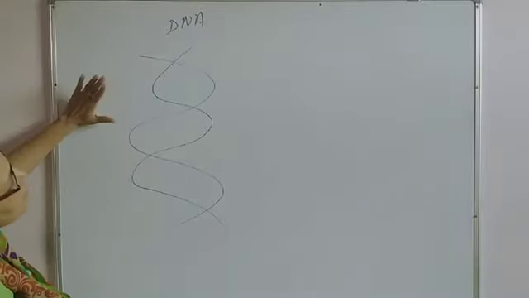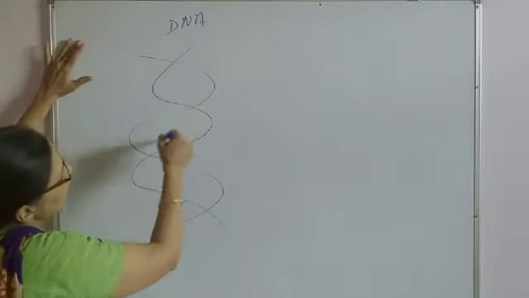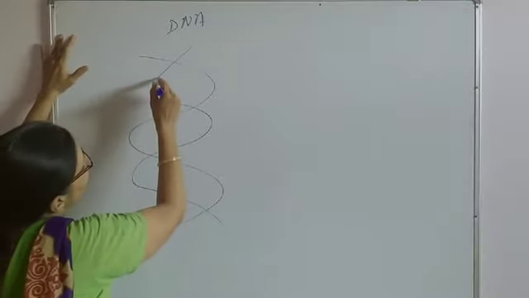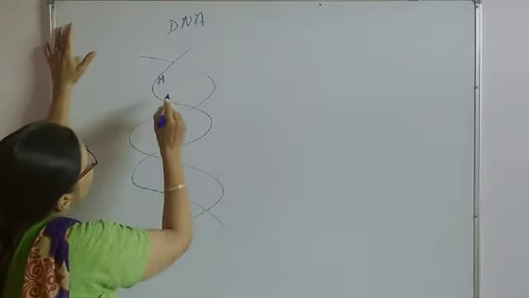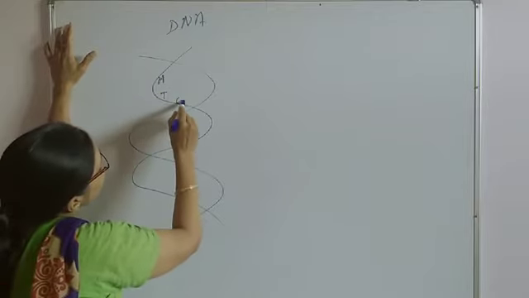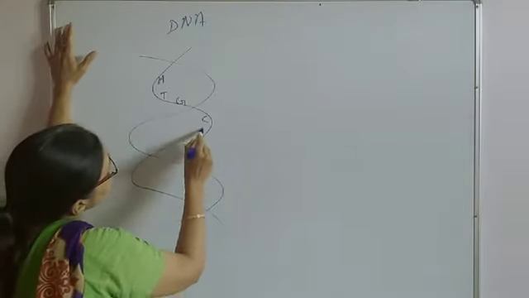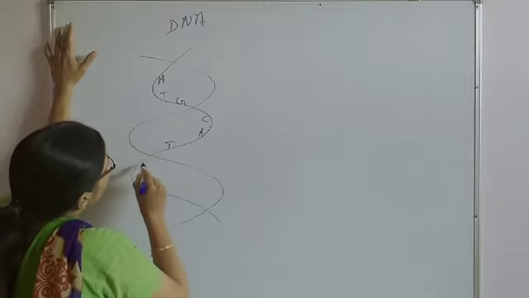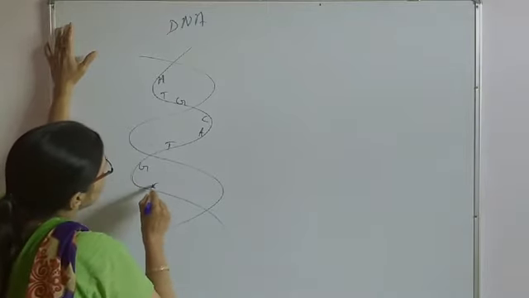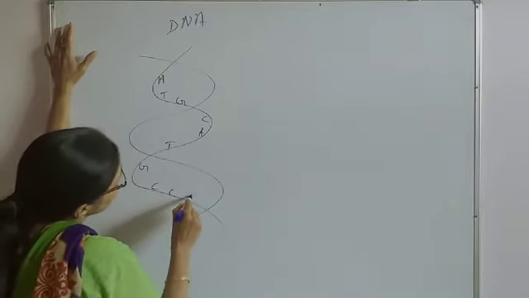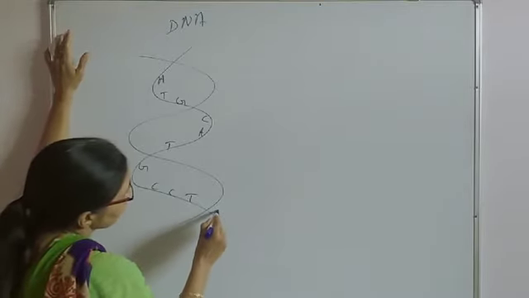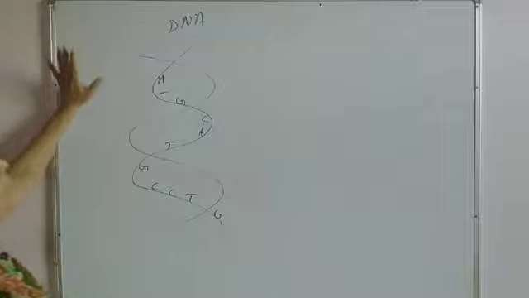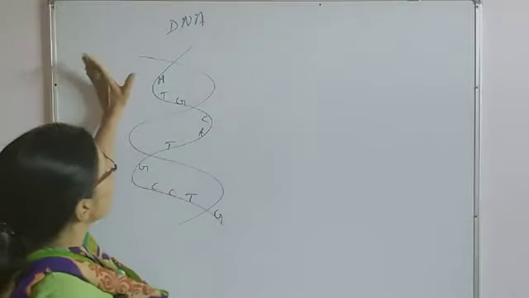In the double helix, inside there are the bases present: A, T, G, C, again A, T, G, C, C, T. As per my choice I am writing. Now there is a fixed combination.